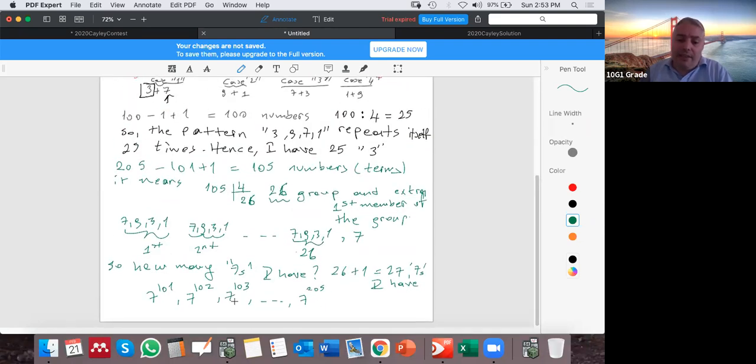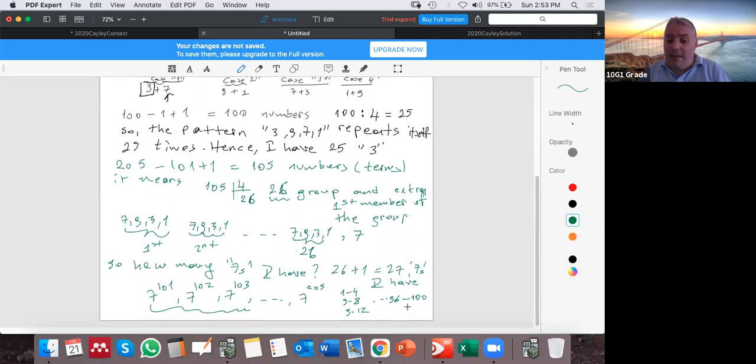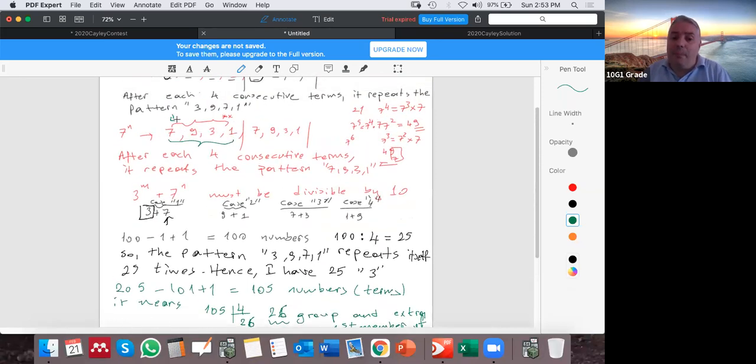Let's say the first 4 are 1, 2, 3, 4, 5, 6, 7, 8 till 100. After 100, we come to the cycling from the beginning. I mean 1 to 4, 5 to 8, 9 to 12, and then 96 to 100. So it repeats, but I am not dealing with that, since my first number starts from 101. So the 101st term will still be my first number in the pattern.